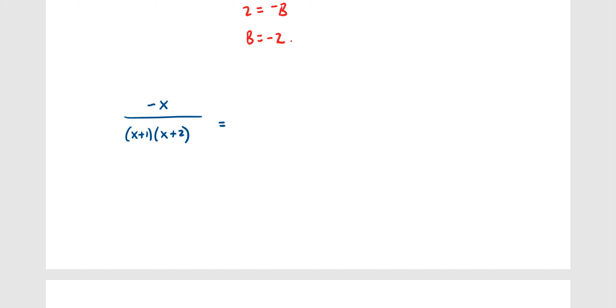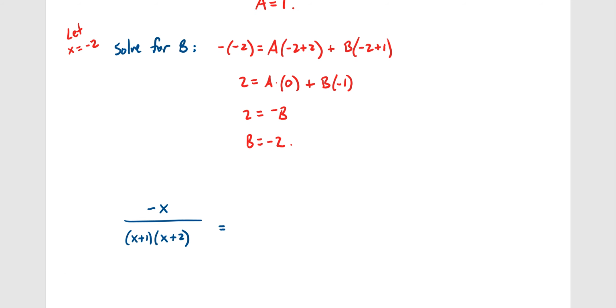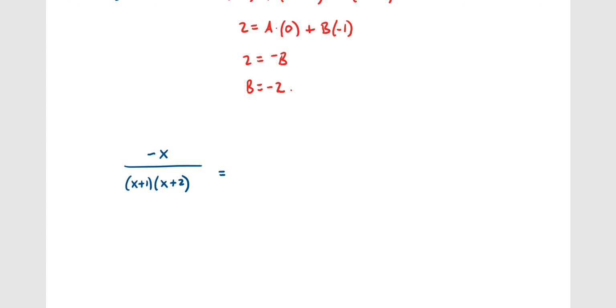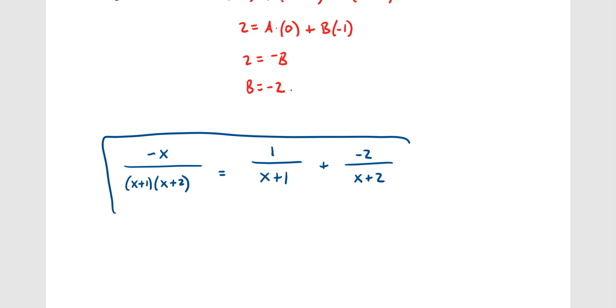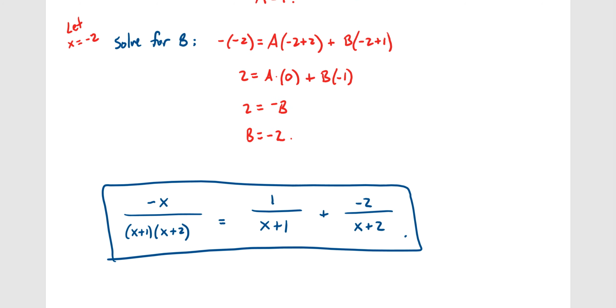We said that was a over x plus 1, but the a value we found was 1. So 1 over x plus 1 plus b over x plus 2. B is negative 2. So that is the decomposition of that rational expression.